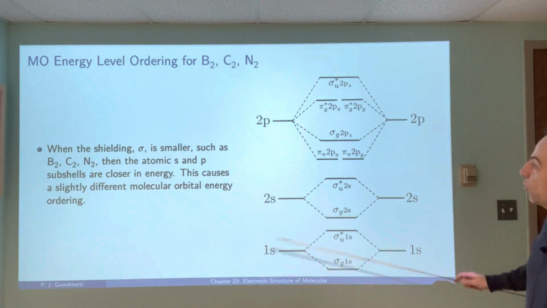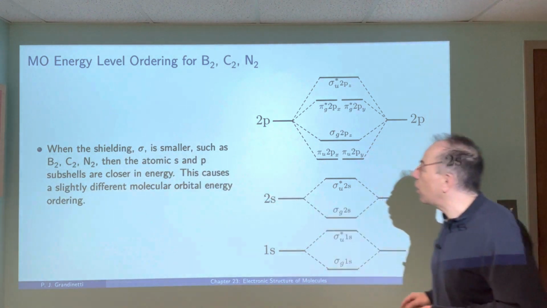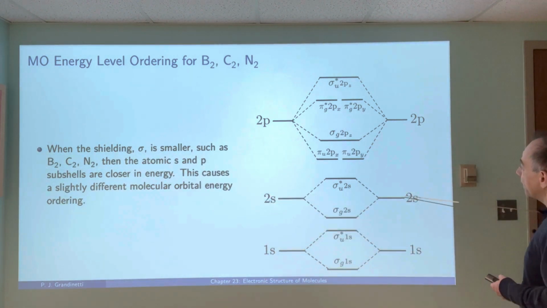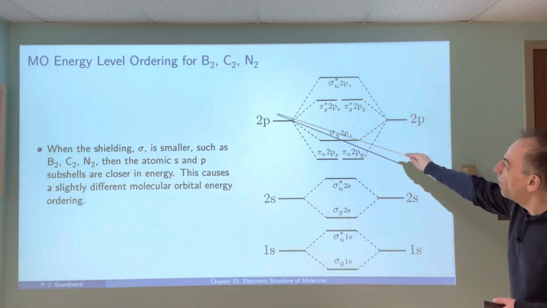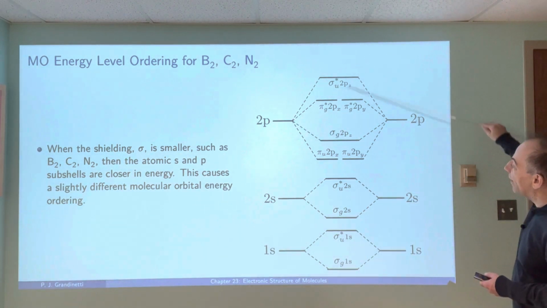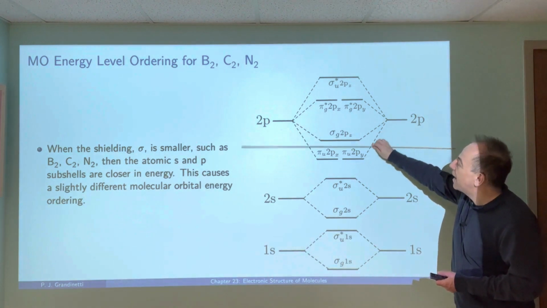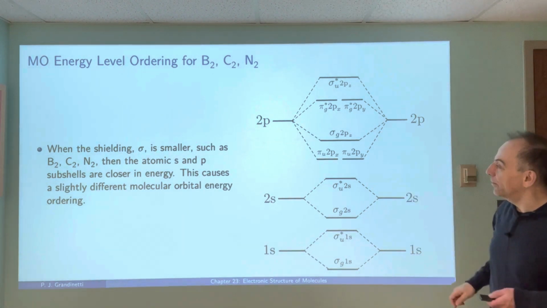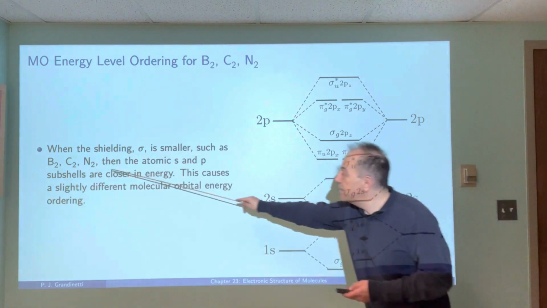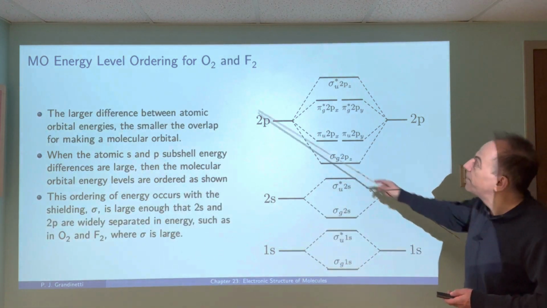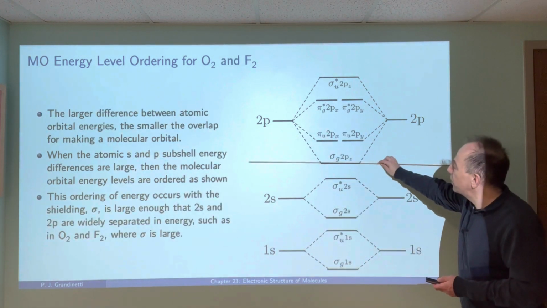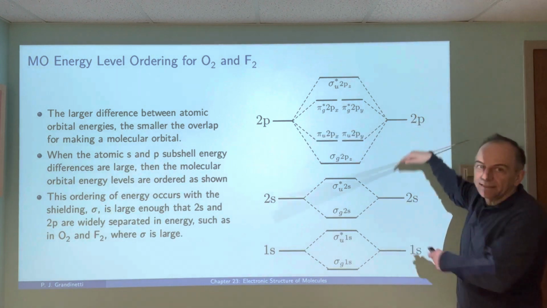So what happens in the boron, carbon, and nitrogen cases is that a little bit of this 2s bonds with this 2p, and in the final analysis, this sigma bond ends up being higher than the pi bonds here. But that's only in these cases. When you go back to oxygen and fluorine, this one is lower because the gap between these guys is bigger.